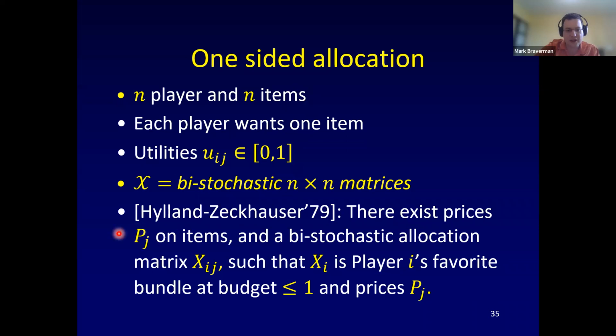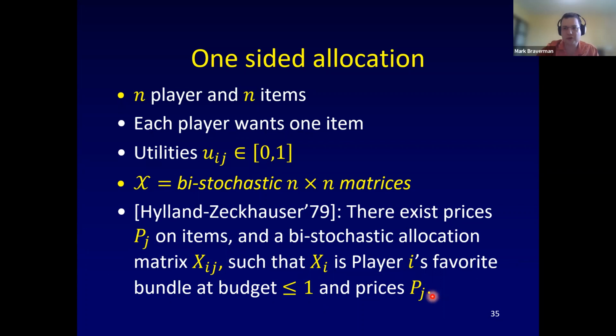A classical result of Hylland-Zeckhauser from about 40 years ago says that there is a competitive equilibrium for this problem. You can put a price on each item and create an allocation bistochastic matrix x_ij such that x_i is player i's favorite bundle if you give them budget 1 at prices p_j.